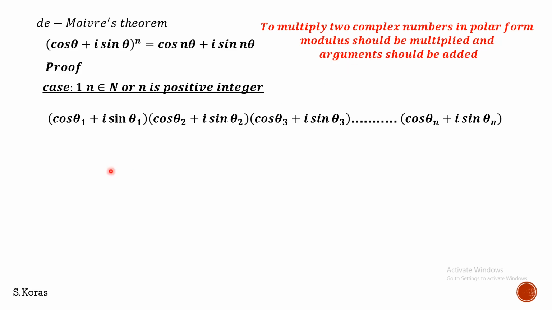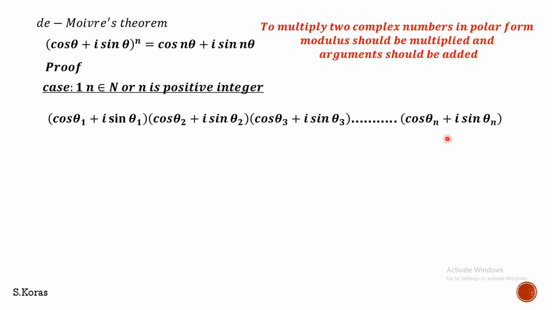Arguments means angle. For the first complex number, the argument is theta 1. For the second complex number, the angle is theta 2. Like that it goes on up to theta n. So the property says to multiply any number of complex numbers, you just have to add their arguments.